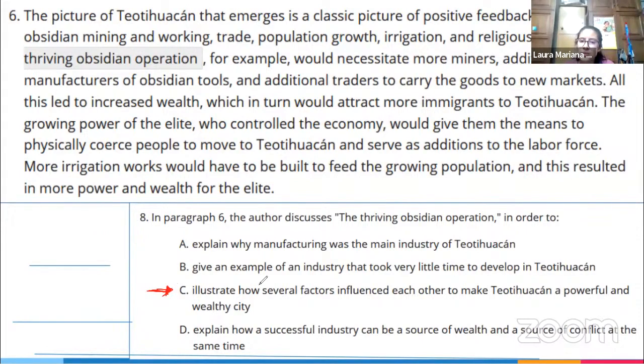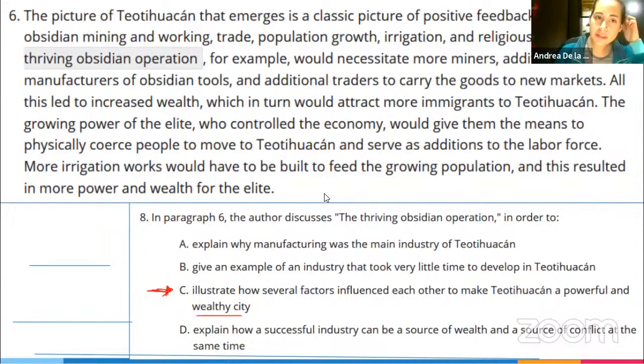It explains that the thriving obsidian operation had some repercussions. For example, they would necessitate more miners, additional manufacturers of obsidian tools, and so on. And then all of this led to increased wealth. Okay, great. That's true. So actually, yes.